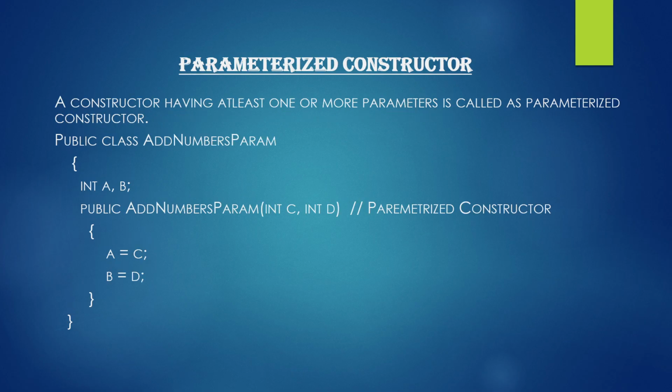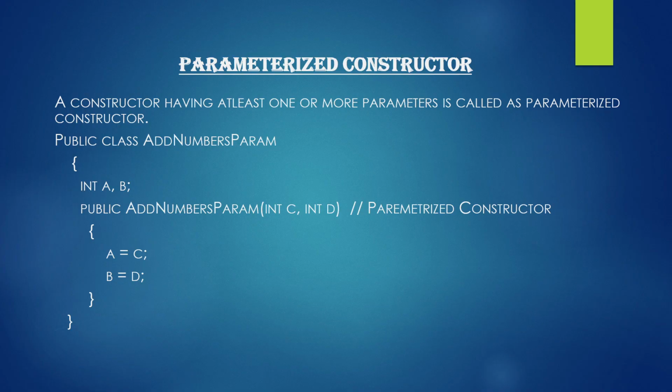Now moving to the next constructor type, that is the parameterized constructor. A constructor having at least one or more parameters is called a parameterized constructor. So here is an example: public class AddNumbersParam. This is the class name, and here I have declared two integer variables a and b, and then created a parameterized constructor, that is public AddNumbersParam. Here I declare two integer parameters c and d, and assign c and d to a and b.